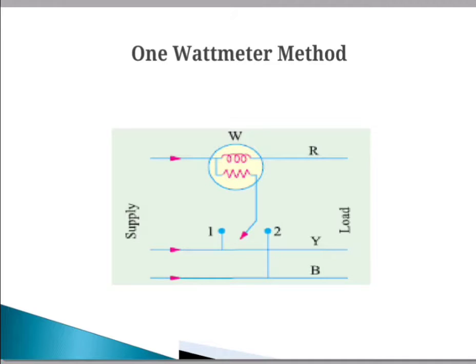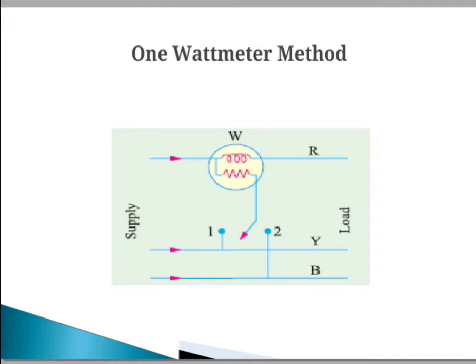Suppose we connect the switch to 1, then the pressure coil is connected between 1 and 2, that is the R phase and Y phase, and we get the power P2 equal to V12 into I1 into cos of 30 plus phi, that is equal to root 3 VI cos of 30 plus phi.